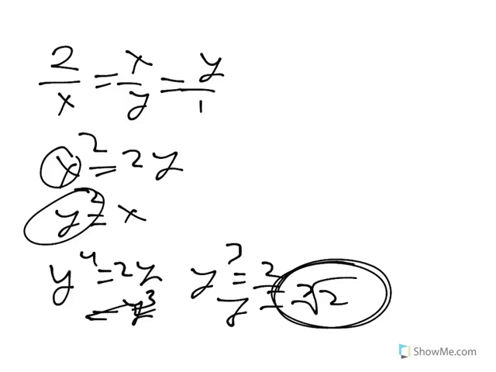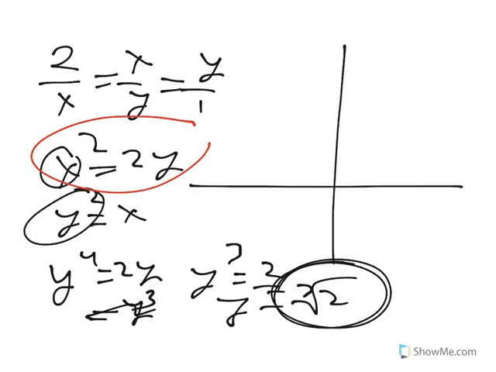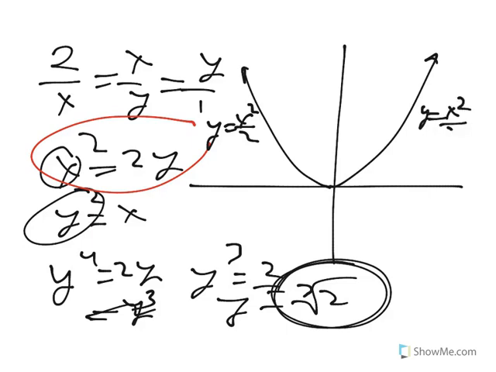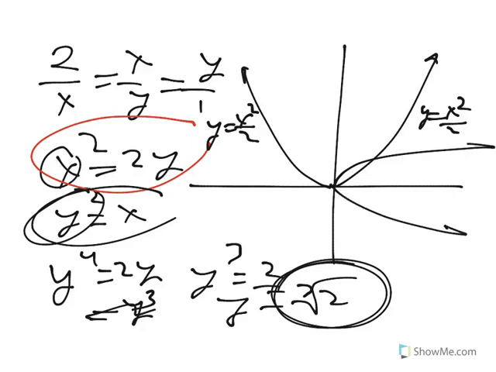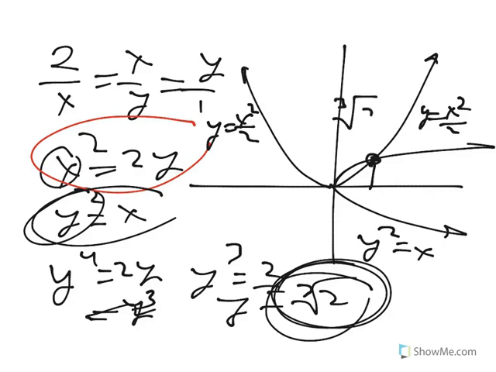Back in Greek times, they realized that if I graph these two things, x squared equals 2y, which is the same thing as saying y equals x squared over 2, is a parabola, and y squared equals x is actually a sideways parabola. So this point is going to have as its y value the cube root of 2.